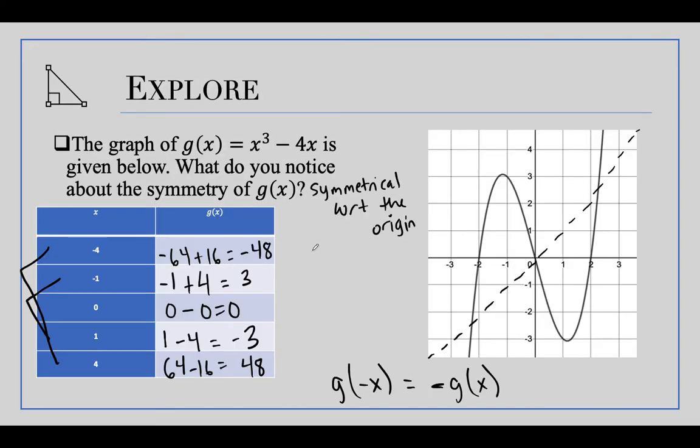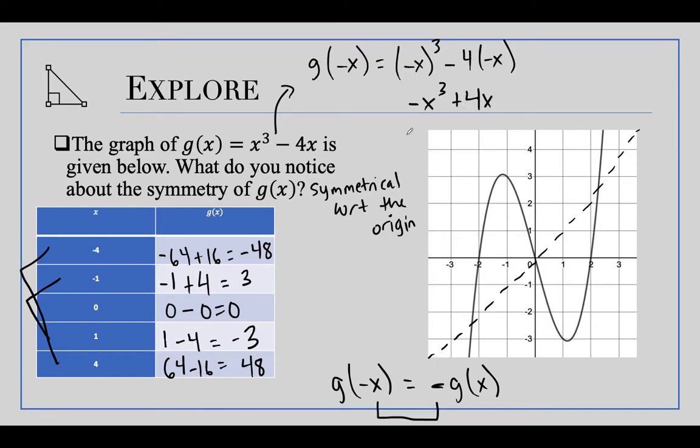Another way that I really like to do this is that if this is indeed true, then I will plug it in. So I would get g of -x. Let me plug in -x to x cubed minus 4 times -x. And I'd see, okay, I get -x cubed plus 4x.